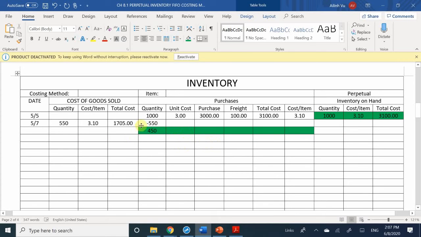Because I sold 550 units, I know it's going to cost me 1705 to get rid of those 550 items. Now what I'm going to do is subtract these two numbers to get how much the 450 items are going to cost me.